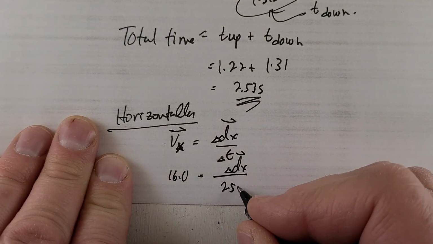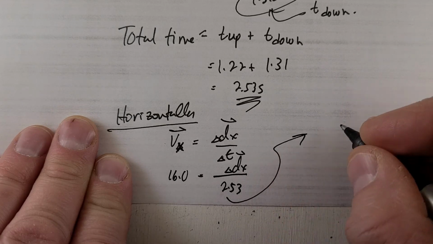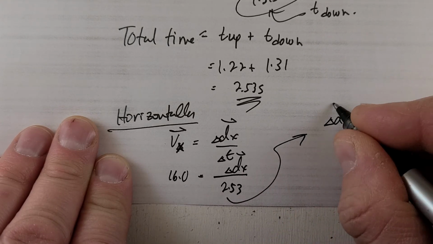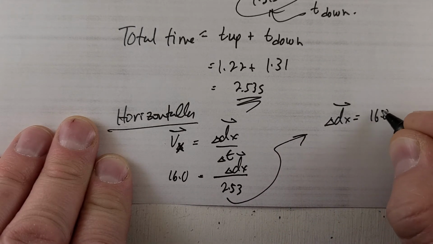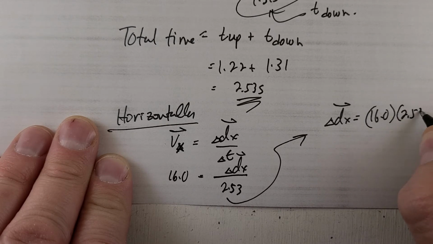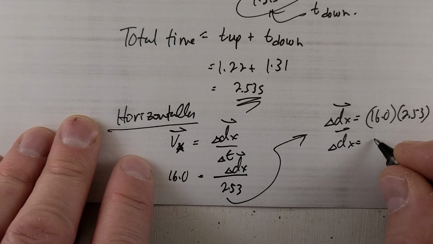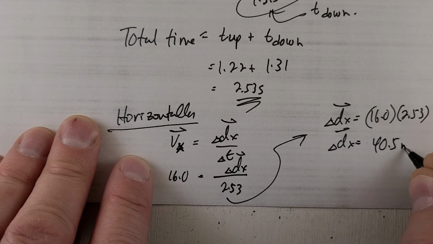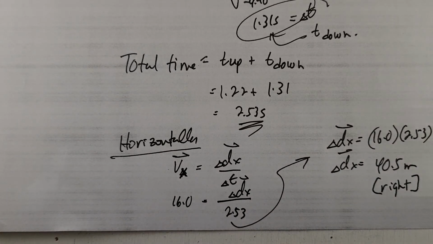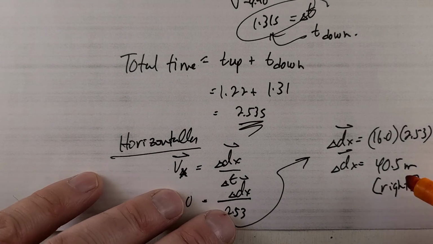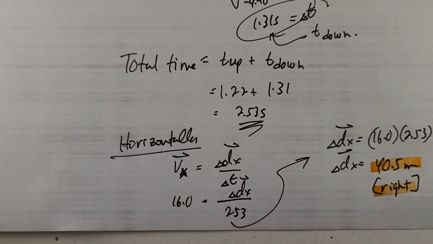It's no longer 2.44, it's 2.53. So delta dx is equal to 16 multiplied by 2.53. So that's going to give me 40.5 meters to the right. Good. So before, what was it before? I think it was 39. So now it's just a little bit further out to the right.